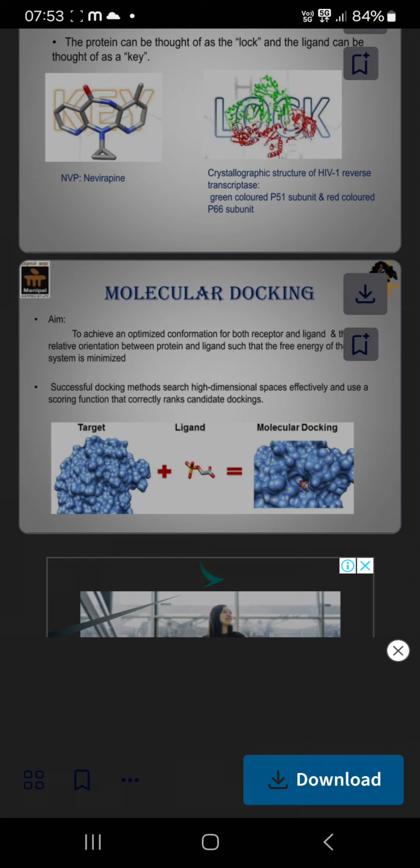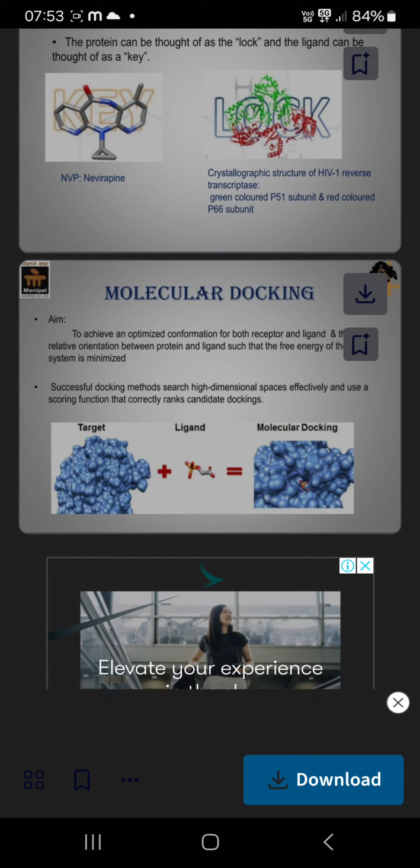You can see here the target, that is your protein. This protein you can easily obtain from the protein database. You have the ligand. This ligand you can easily find from any research paper or PubChem, or you have the crystal structure, or you have the drawn structure of your new molecules. And then after docking, you can see the molecular docking complex.